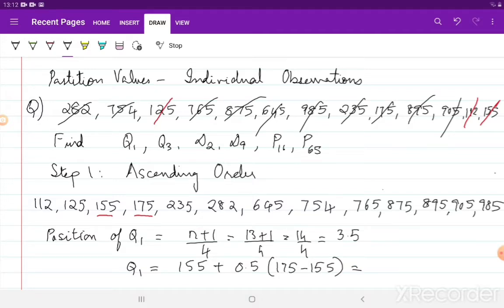So 175 minus 155 is 20, giving 155 plus 0.5 times 20, which means 155 plus 10, which is 165.